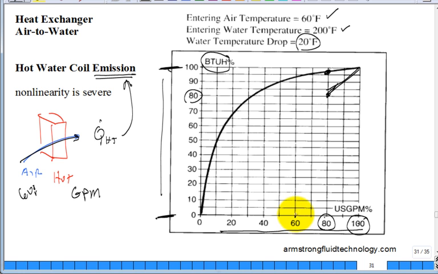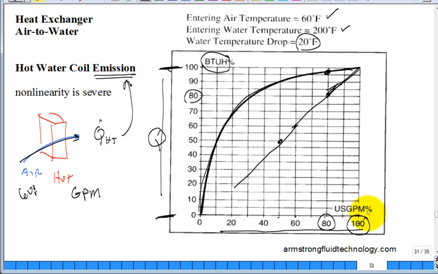If you're at 60%, you would think, hey, 50%, why is it? And the thing is, you have a very nonlinear relationship between the rate of heat transfer, the coil emission getting into the air, as a function of the flow rate of the water.